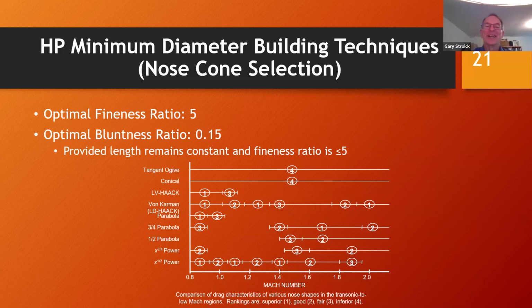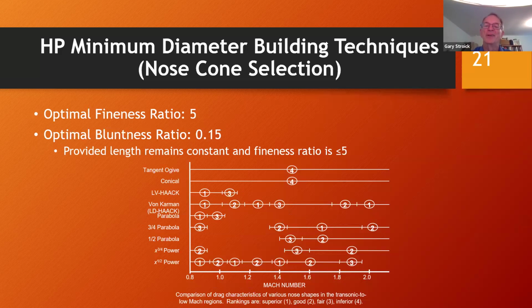Yeah, but it's in this particular chart. It's the first one up there, tangent ogive, where 1 is best and 4 is least best, and you'll see that tangent ogive and conical are basically 4 across the board. By the way, the x-axis of the chart is showing Mach numbers.